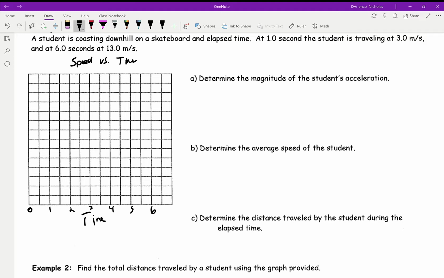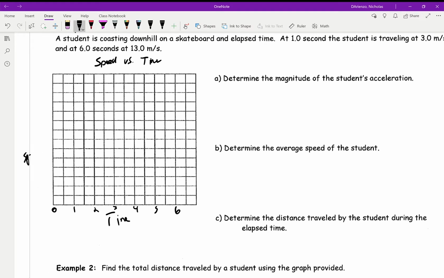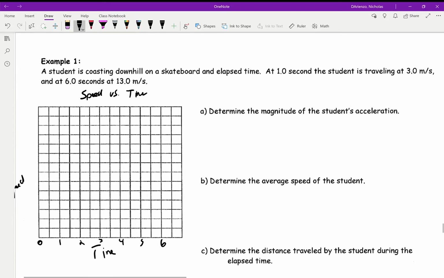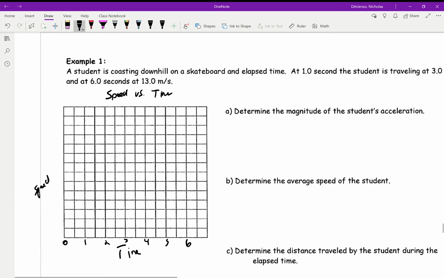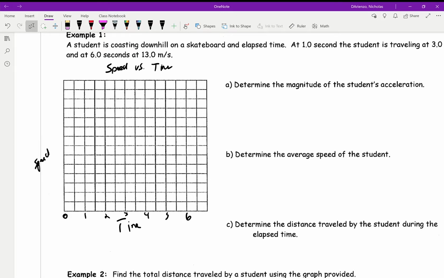And we're going to put speed over here on the y. We span from 3 to 13. So we'll call this 0. And let's go with 2, 4, 6, 8, 10, 12, 14.